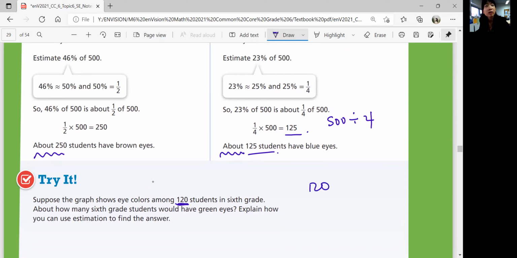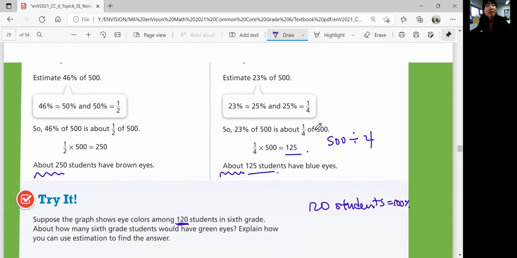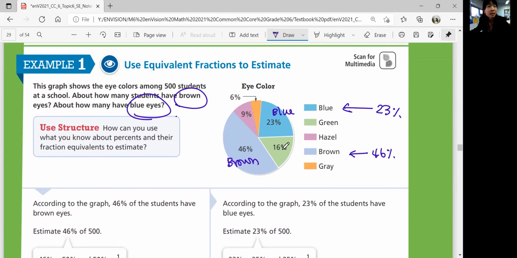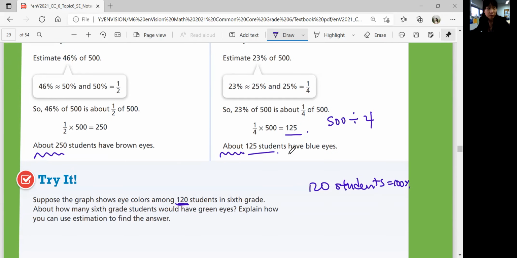So 120 students is the 100%. Okay, but how many 6th grade students would have green eyes? Green is 16%. So what percent of students have green eyes? 16%. But how many? You need to figure it out, right? So 120 students would be 100%.